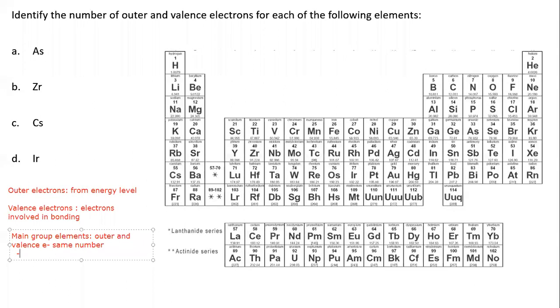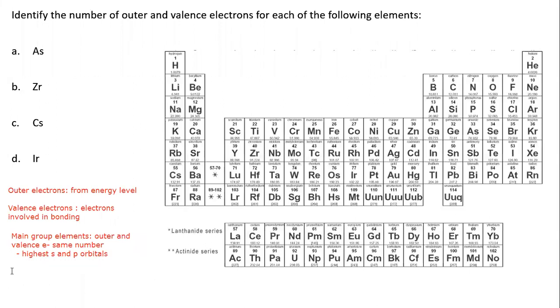It comes from the highest s and p orbitals. So if it's an s block element, it would just be the highest s orbital. If it's a p block, it would be the highest s and p orbitals.